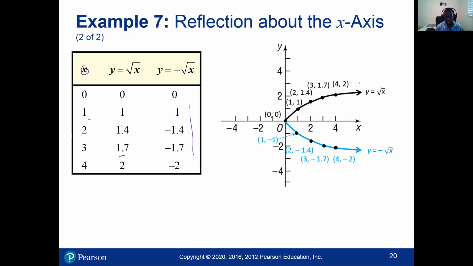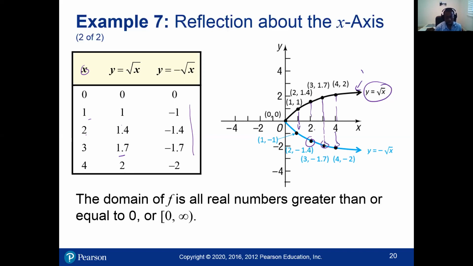And so this is the graph for my square root function, y is equal to square root of x. And then when I reflect it in the x-axis, this point comes to that. This point becomes this one. This point to the other side becomes this side in that order. Okay. So that's a reflection in the x-axis. Now, what is the domain? Okay. What's the domain of x?